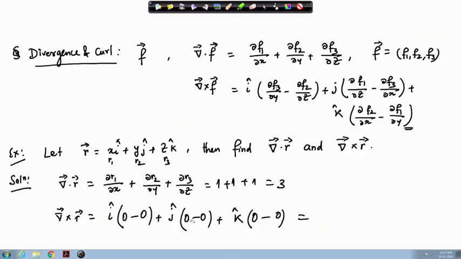So 0 times i, 0 times j, 0 times k, and ultimately we get the zero vector. So if r equals this vector, then the divergence and curl are given in this fashion.